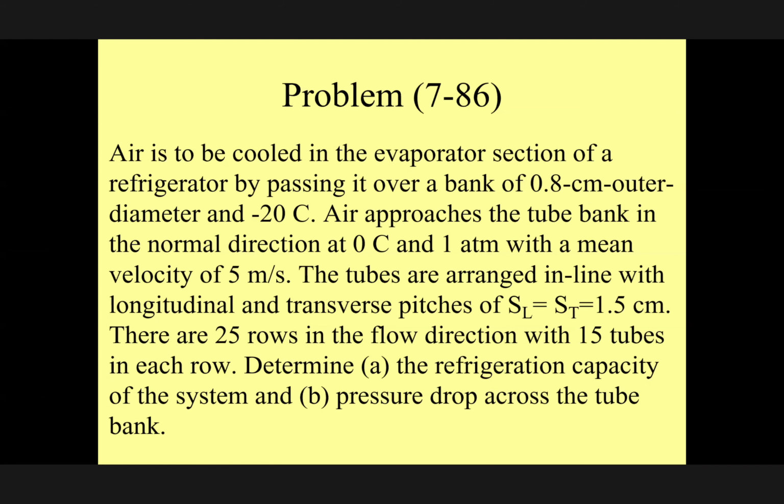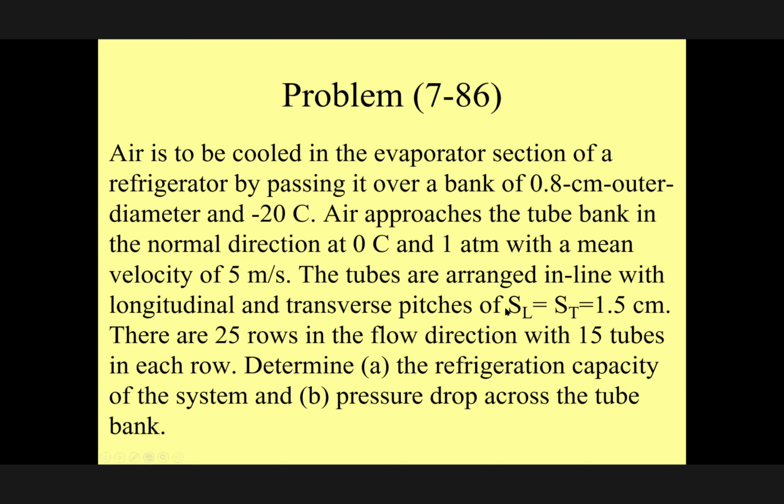Look at here. Air is to be cooled in the evaporator section of a refrigerator by passing over a bank of 0.8 centimeter diameter pipe at minus 20 degrees. Air approaches the tube bank in the normal direction. Therefore, air goes perpendicular to the pipes. The velocity is given as 5 meters per second. The tubes are arranged in line. In line means the distance for all of them, in x and y direction, are the same.